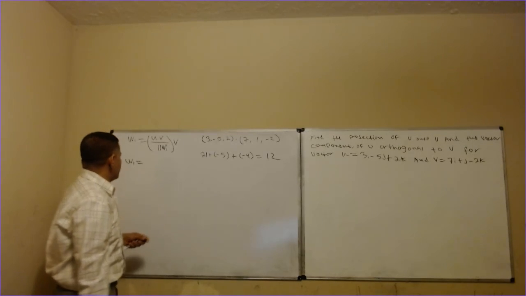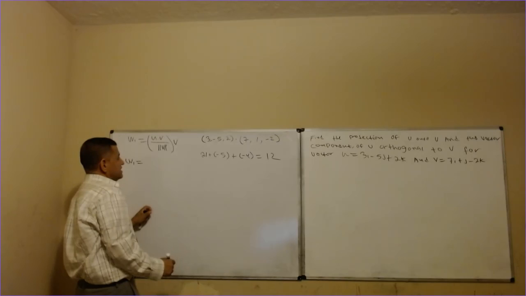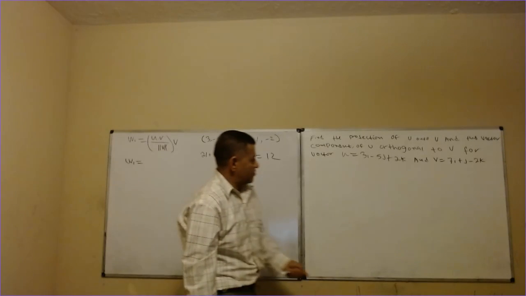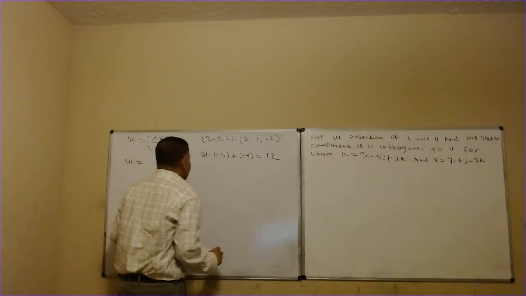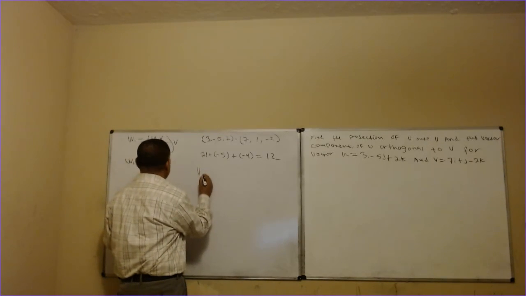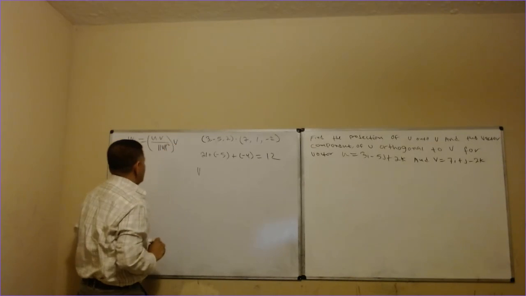Now let's do the bottom. In the bottom, I will take the value of v, and I will take the magnitude of v, but remember this is a square. Be careful, that's a square.